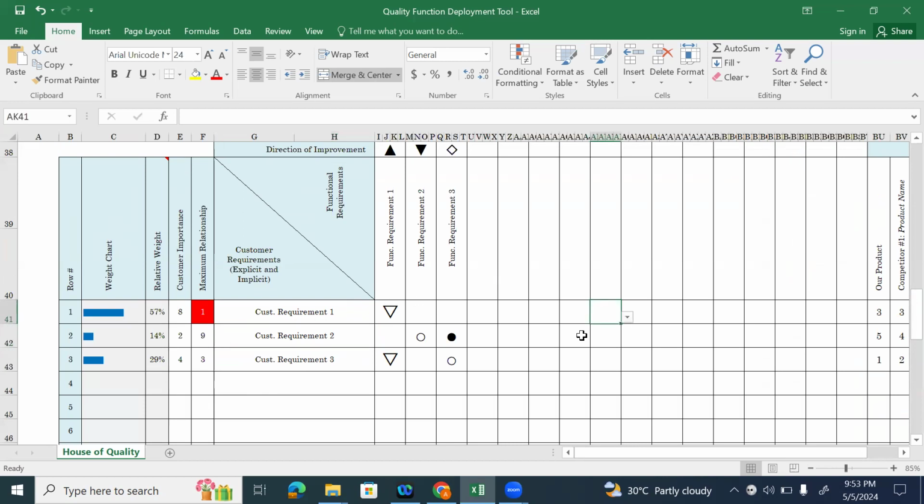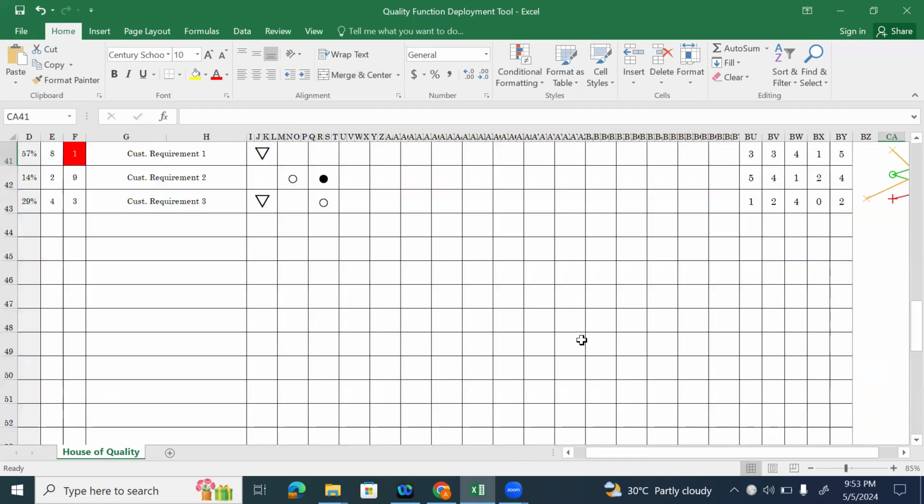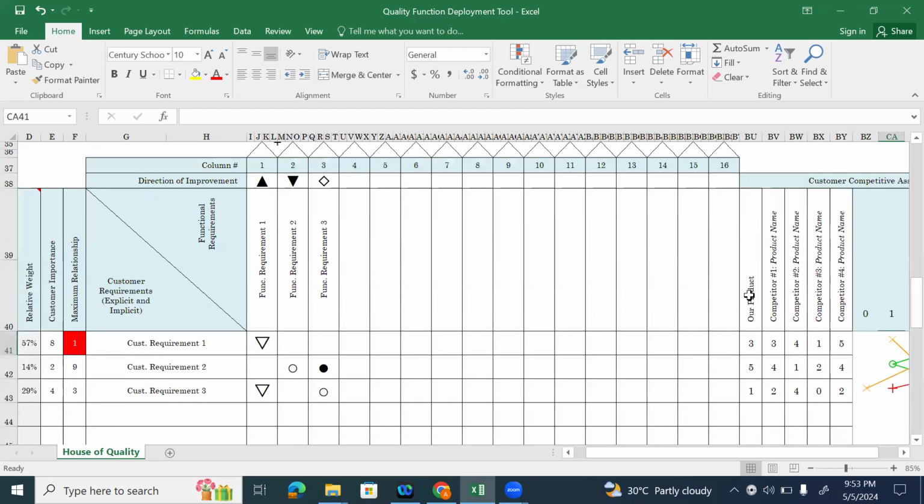So that should be captured, and we also need to compare our aesthetics with our competitor aesthetics. It's not only aesthetics; you can also take any functions. It can be meeting the specification or ensuring the warranty. You can also compare the warranty life of our product with respect to the competitor product in the scale of 1 to 5.